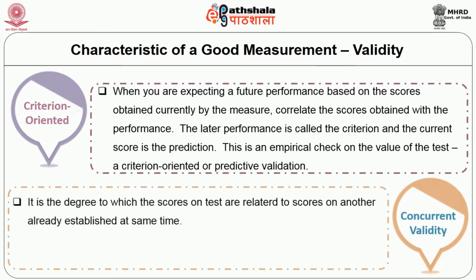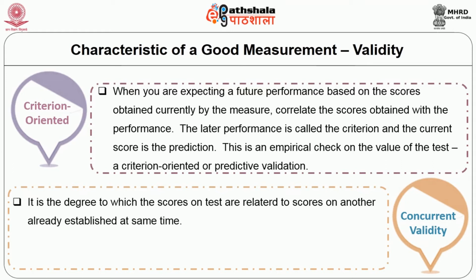Concurrent validity. Concurrent validity is the degree to which the scores on a test are related to the scores on another already established test administered at the same time, or to some other valid criterion available at the same time.